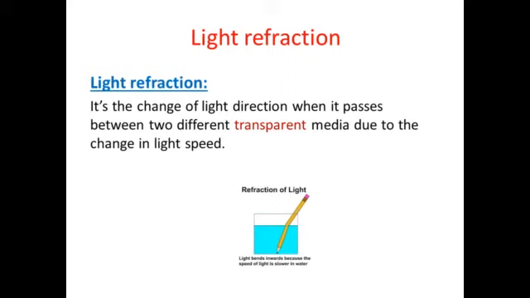That's why, because when the light passes through air, then through water, its speed is different between air and water. Light travels faster in air than in water. Due to the change in light speed, light is refracted. Refracted means to change its direction. So, the pencil seems to be broken.